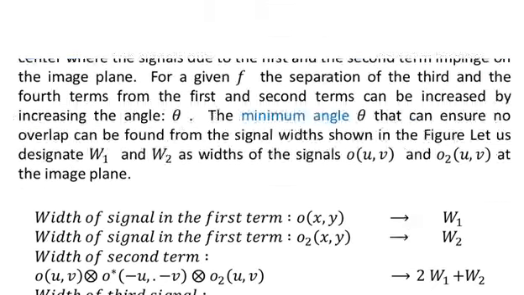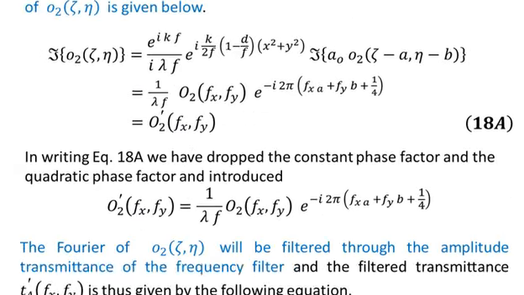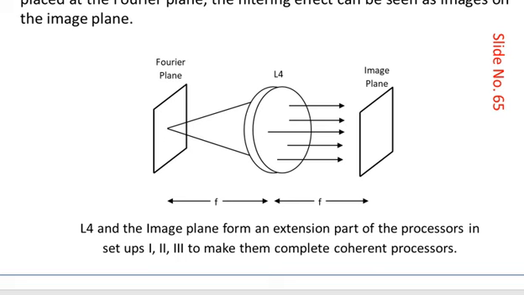And we have also explained the extension of these optical processors with the use of another optical system like this one, where we place the filter at the Fourier plane, and then we also project the Fourier spectrum of another object, which was O2 in our case, on this Fourier plane.